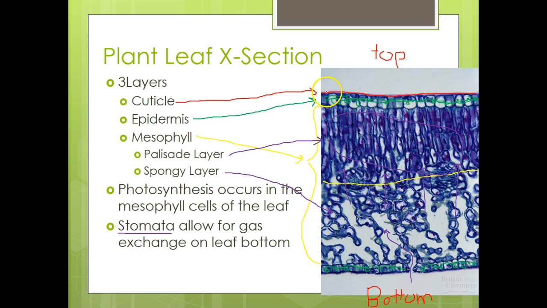But cuticle, top epidermis, bottom epidermis, mesophyll, palisade layer, spongy layer. Both of the mesophyll layers have distinctly different functions, and it's easy to see because they have distinctly different structures as well.